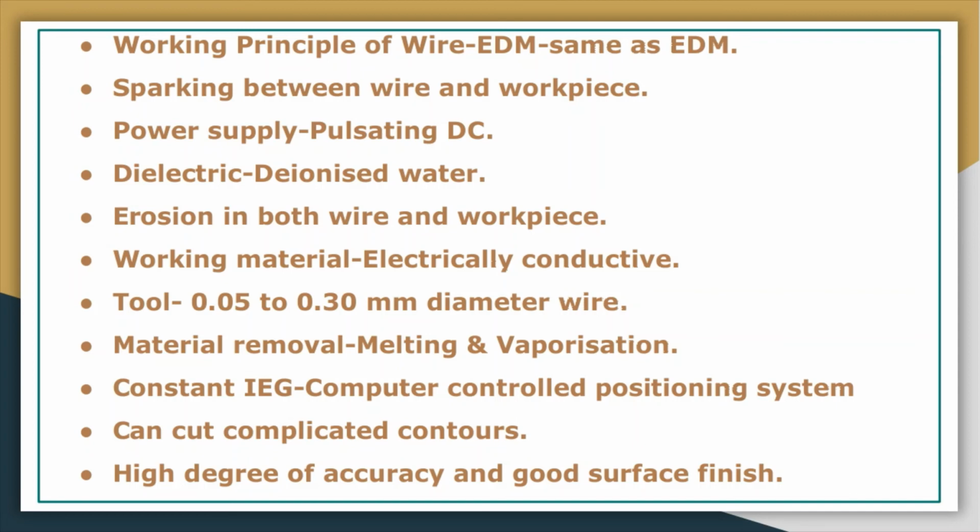Now, this process has certain advantages, and we shall discuss all these things. Material removal occurs because of sparking between the wire and the workpiece, and a very small gap, that is 25 microns, you have to maintain using the positioning control system.